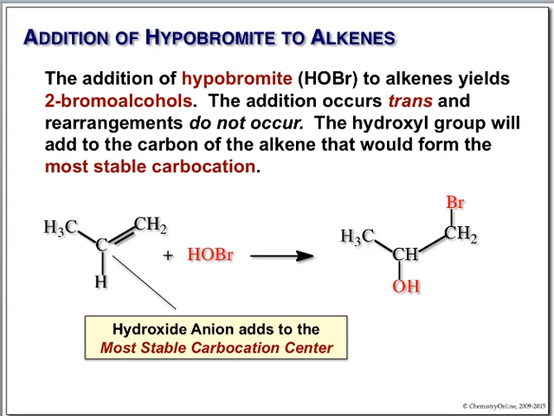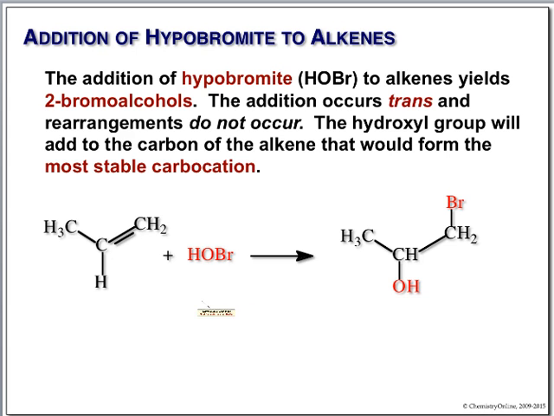For the regiochemistry, if you look at your molecule, what you want to do is ask which of the carbons of the alkene is going to get the most stable carbocation. Whichever one gives the most stable carbocation, that's where the OH group goes. Okay? Let's look at our movie.